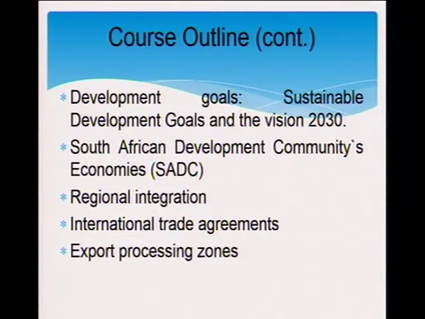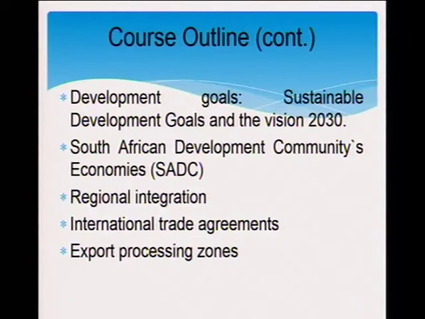Then we go to development goals. We're going to look at sustainable development goals by the UN, as well as the Vision 2030 in the context of Namibia. Then we look into SADC, that is the South African Development Communities Economies. That is the economies of 15 countries in the region, in the SADC region.